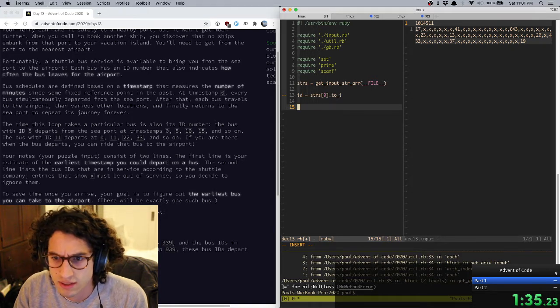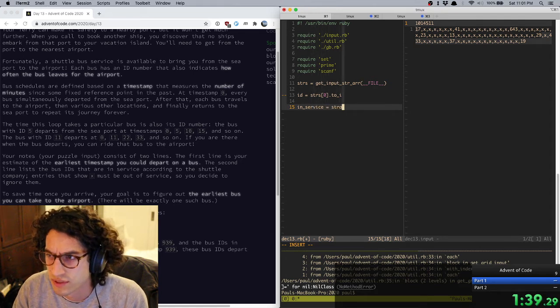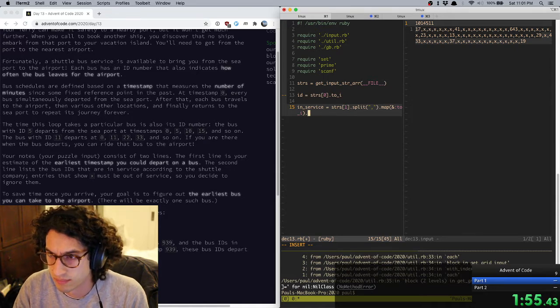So bus in service equals lines[1].map split, to_i, dot compact. Puts in service.